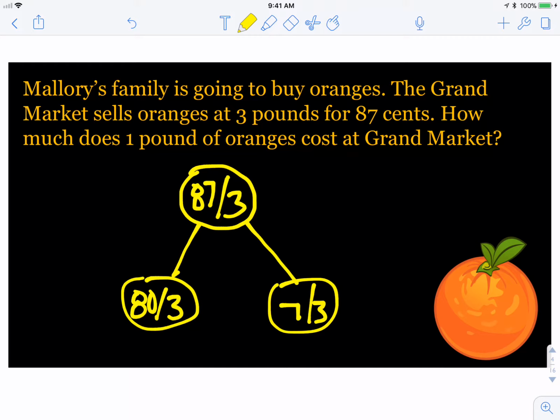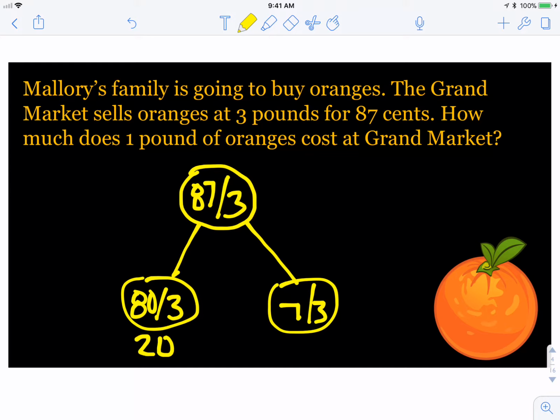Okay, how many times does 3 go into 8? 8 tens would be 2. Oh, that wouldn't be right, would it? That'd be right. 2 tens are 20.